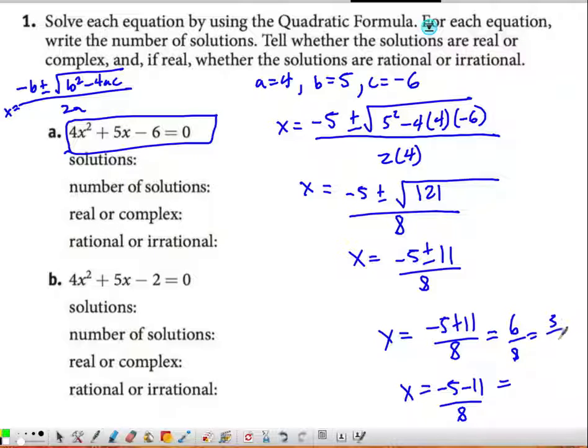Finally, this simplifies to 3 over 4. So one of my solutions is 3 over 4, or -5 minus 11, which is -16 over 8, and this is -2.